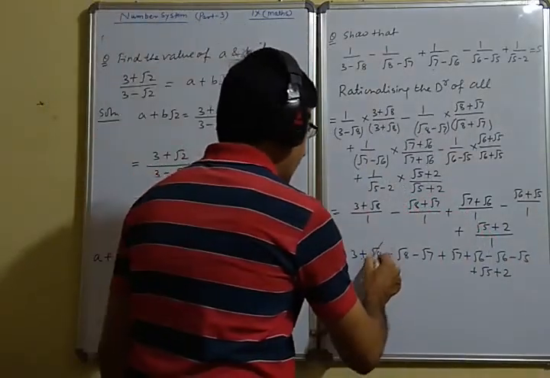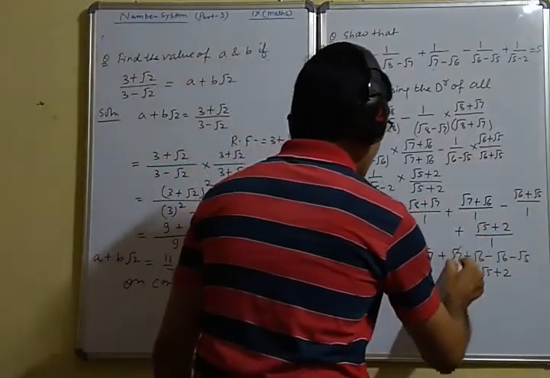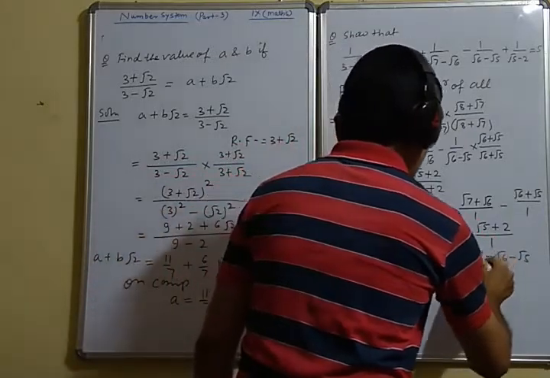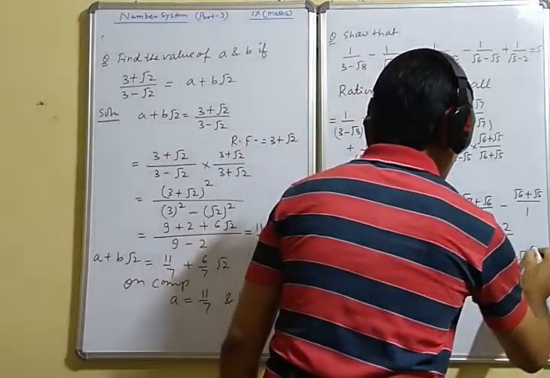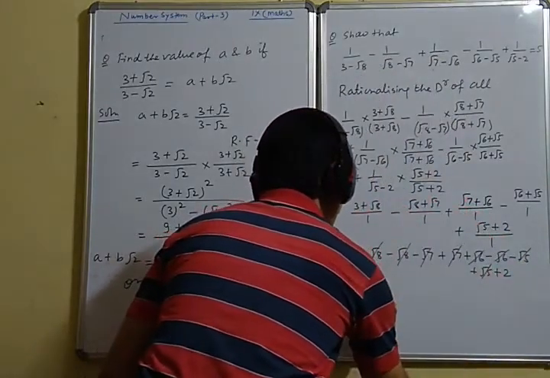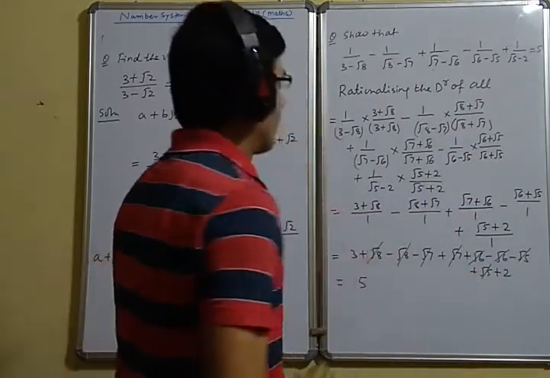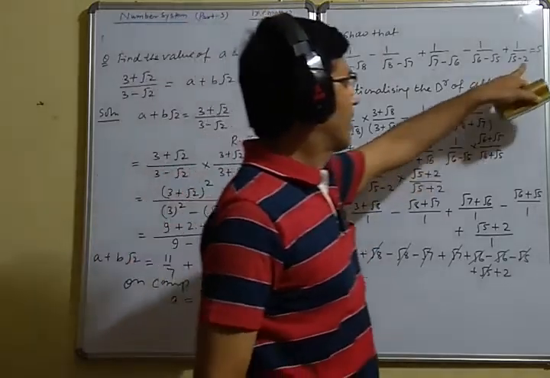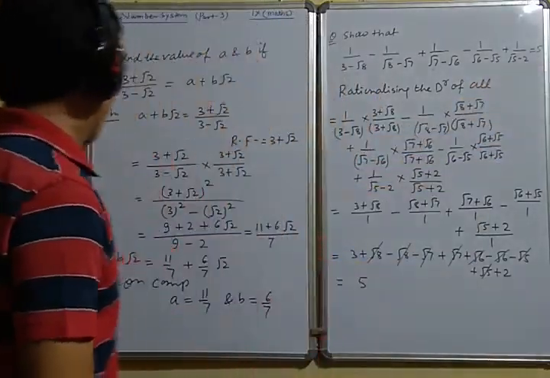Now root 8 cancels out, root 7 cancels out, root 6 cancels out, root 5 cancels out. So it becomes 3 plus 2, and that is equal to 5. So that is the required solution. Now this proved the question.